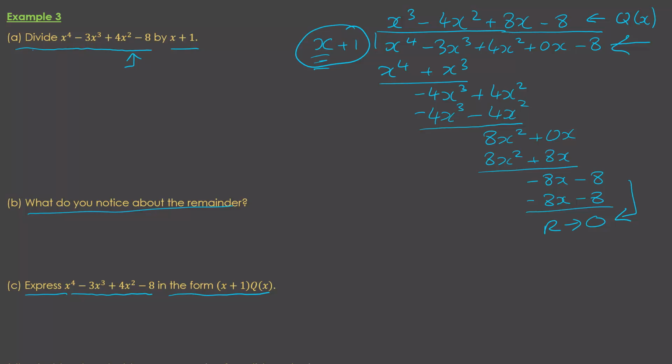This is the remainder. So we can say that x to the 4 minus 3x cubed plus 4x squared minus 8 is equal to x plus 1 multiplied by x cubed minus 4x squared plus 8x minus 8.